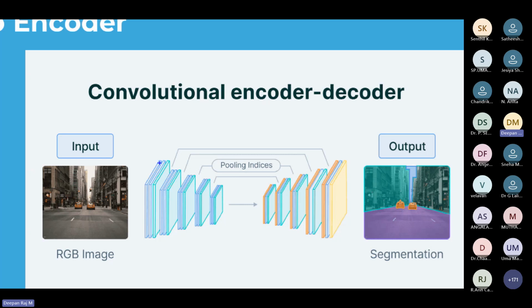This region is where your normal CNN is applied. You give an input image, and from that input image you try to extract information and keep it with you.